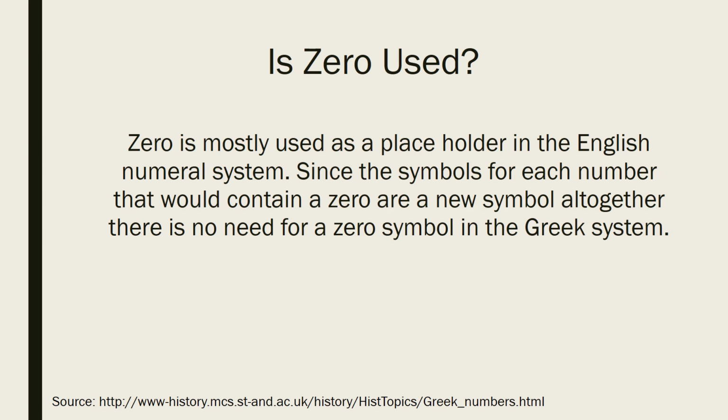And since symbols for each number that would contain a 0 are a new symbol altogether because of the power of 5, there's no placeholder symbol because symbols are combined and made easier to understand and to read, so it's not cumbersome. So they did not include a symbol for the number 0.